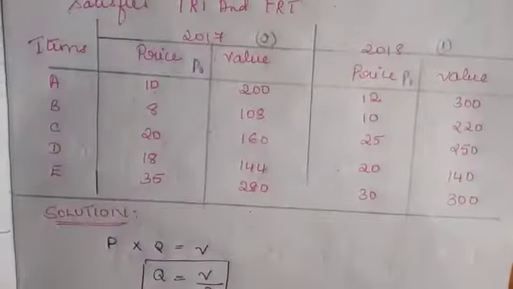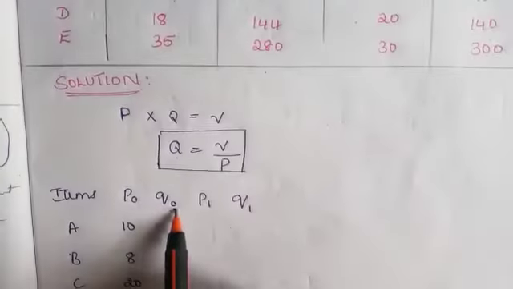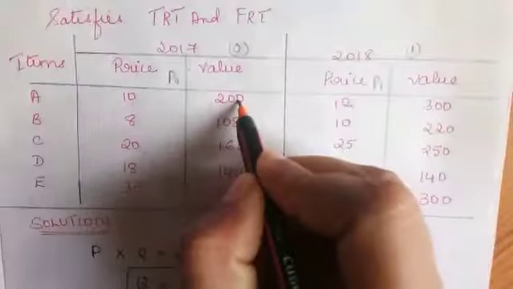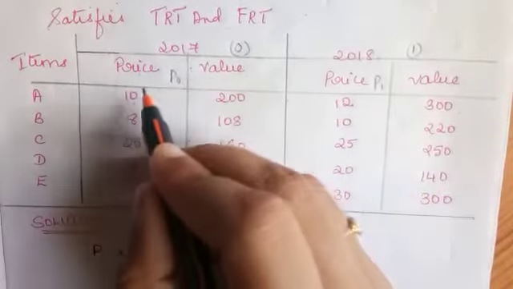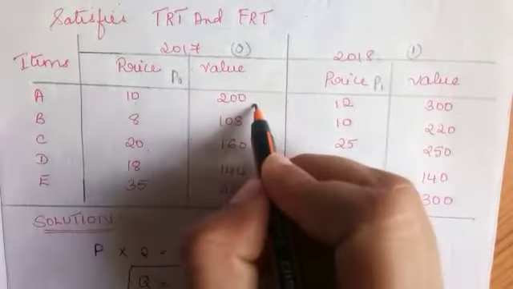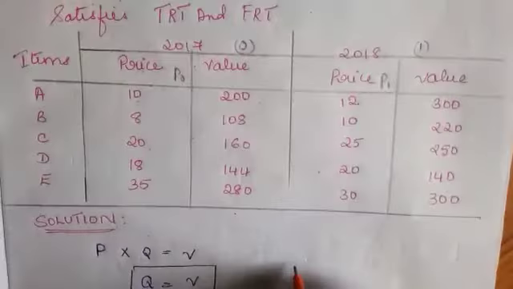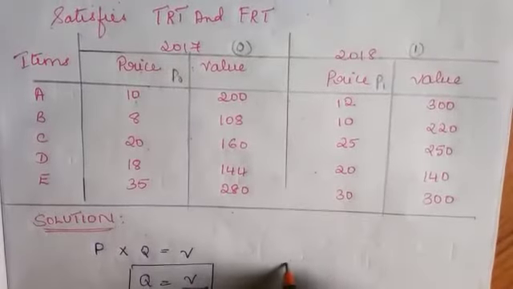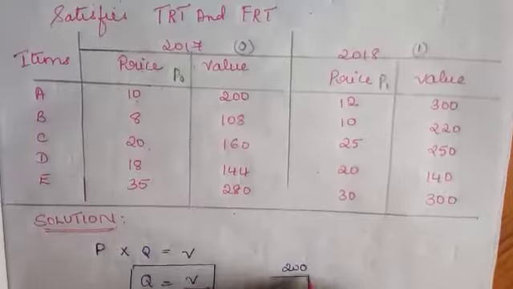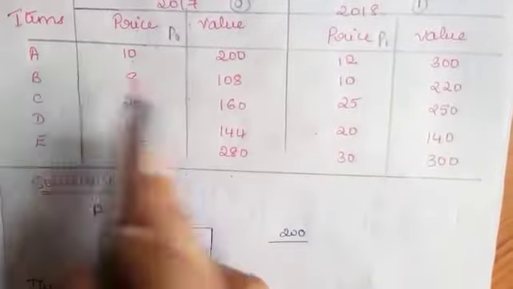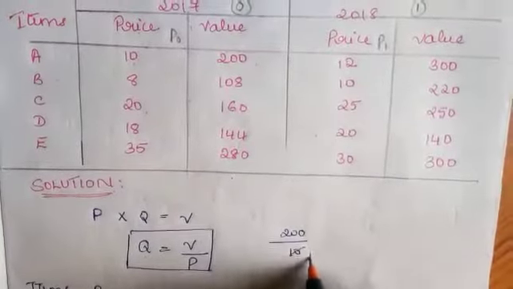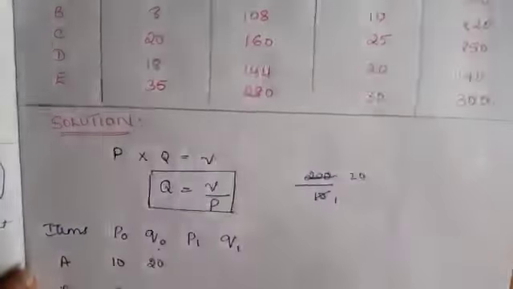Now we have to find the quantity of the base year. How will you calculate the quantity? It is the value divided by the price. So the value is 200 divided by the price, 10, which will be 20.